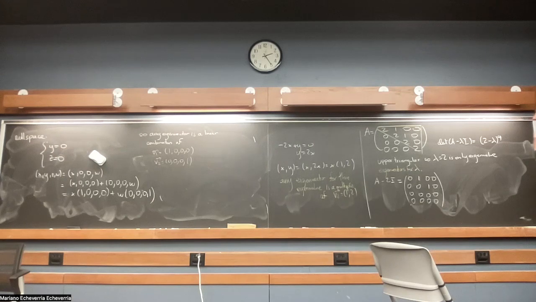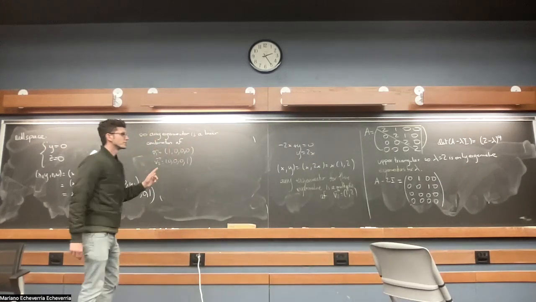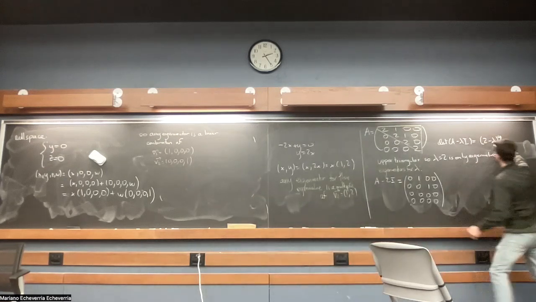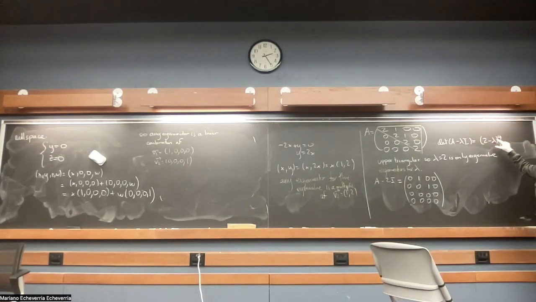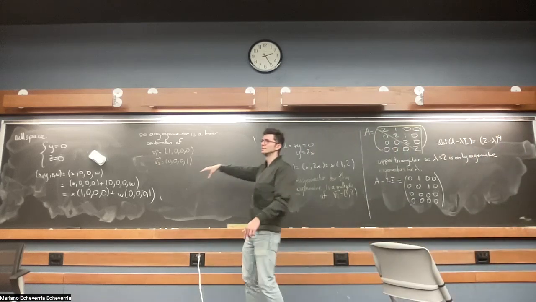Okay, but let me write it down a little bit better. The other thing I was going to say, and I'm about to write this down, is that since the power for this lambda was 4, that means 4 was the maximum number of distinct linearly independent eigenvectors you could have found for this null space.